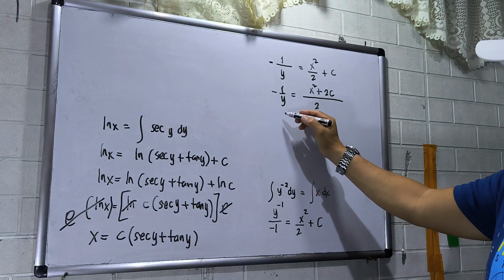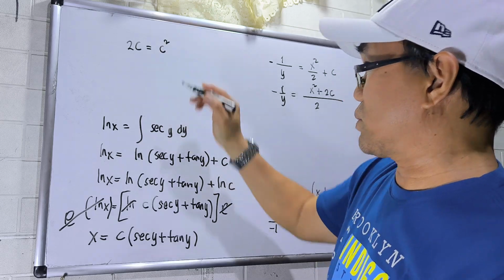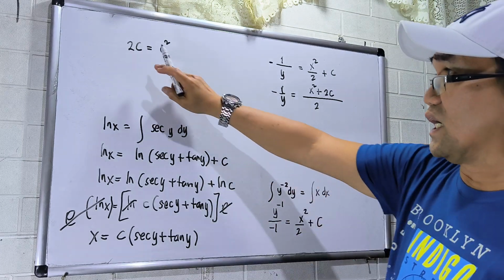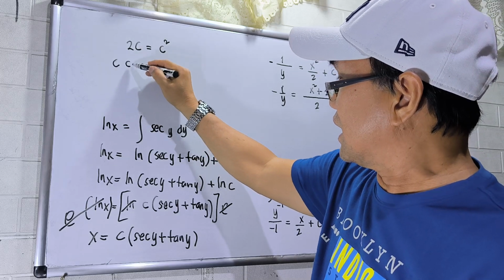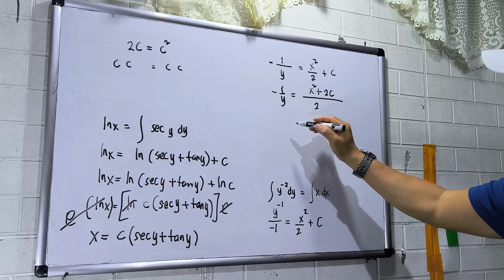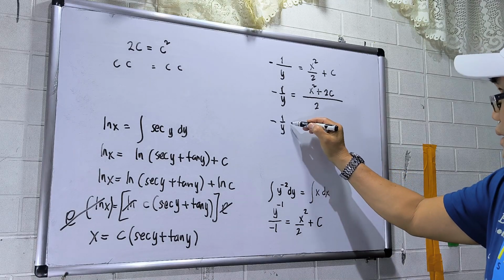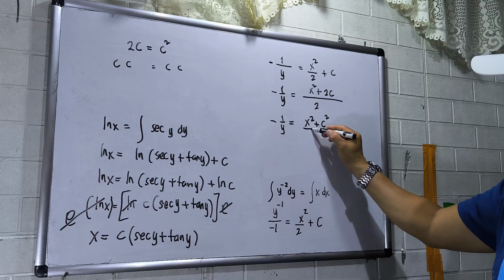Okay, so take note 2c and c squared are the same because in here you have 2c, you have 2c, and then in here you have also 2c. So I can write this one, 2c will be negative 1 over y is equal to x squared plus c squared over 2.